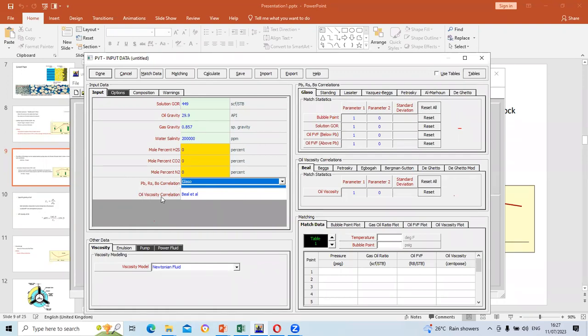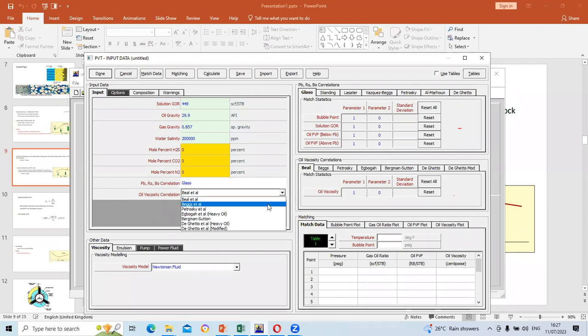Then for oil viscosity correlation, we have Beal et al. You can also toggle it down. We have Beggs et al. And so many others have also worked on such things and have brought out standard equations that can be used to predict these particular properties at different pressure conditions.